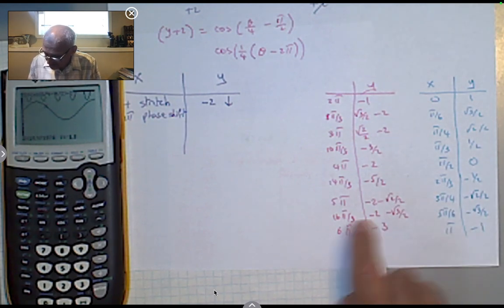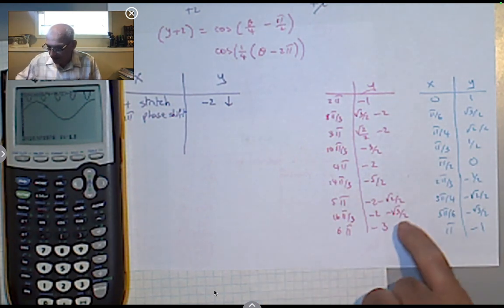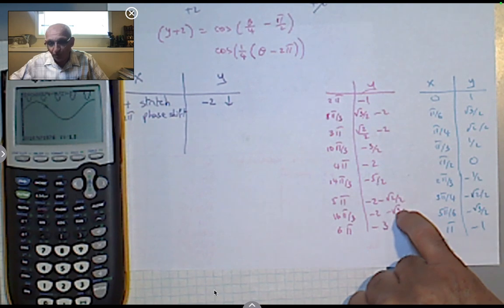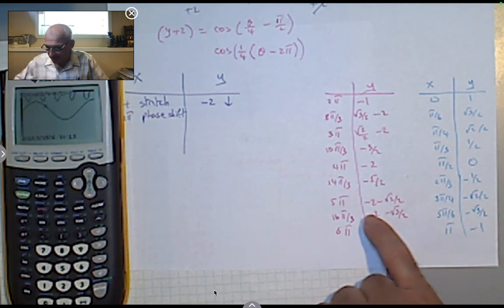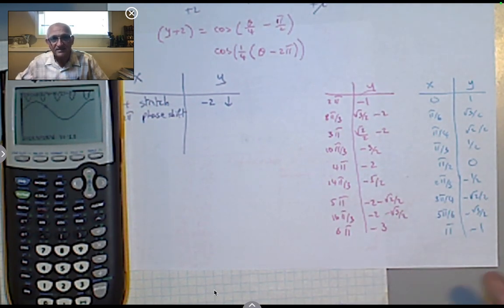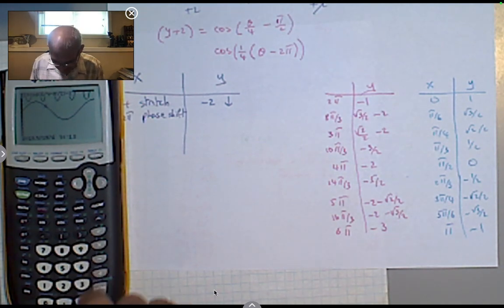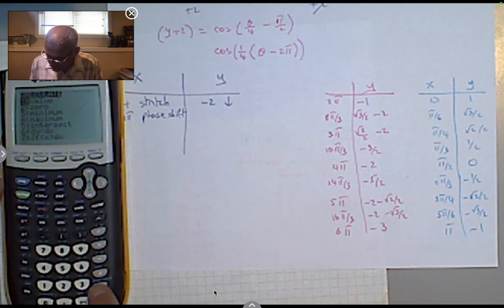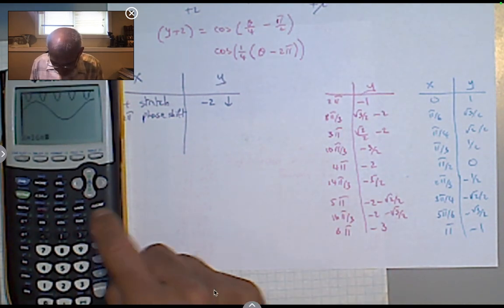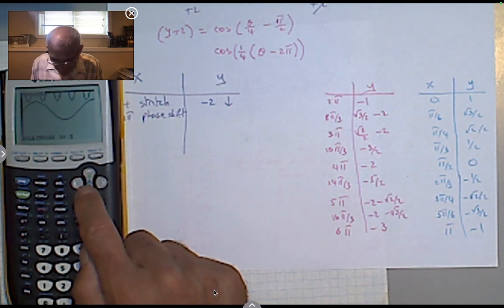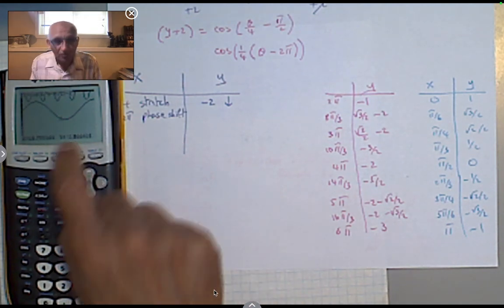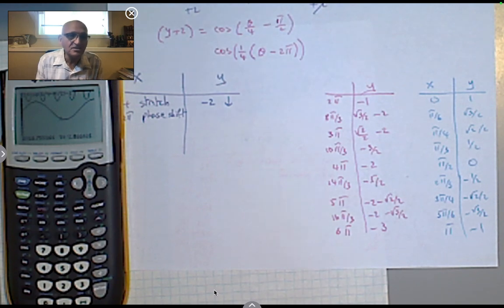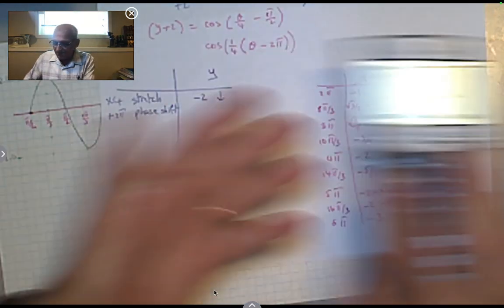Let's pick another one, 16 pi over 3. This is 0.866, so I should get negative 2.866, right? If I say 16 pi over 3, negative 2.866 as we expected. So the numbers are correct.